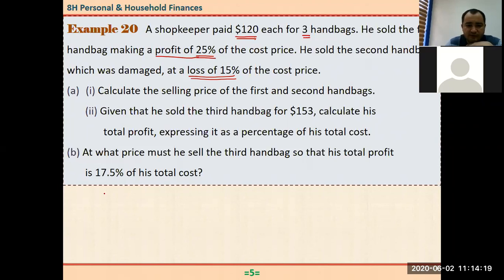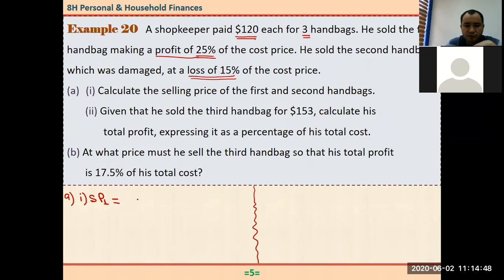All right, let me draw a line here. This is A(i). Calculate the selling price of the first and second handbag. Now I will do this a bit faster. Selling price of the first handbag, SP1, is equal to, on the first handbag, he made 25% profit.